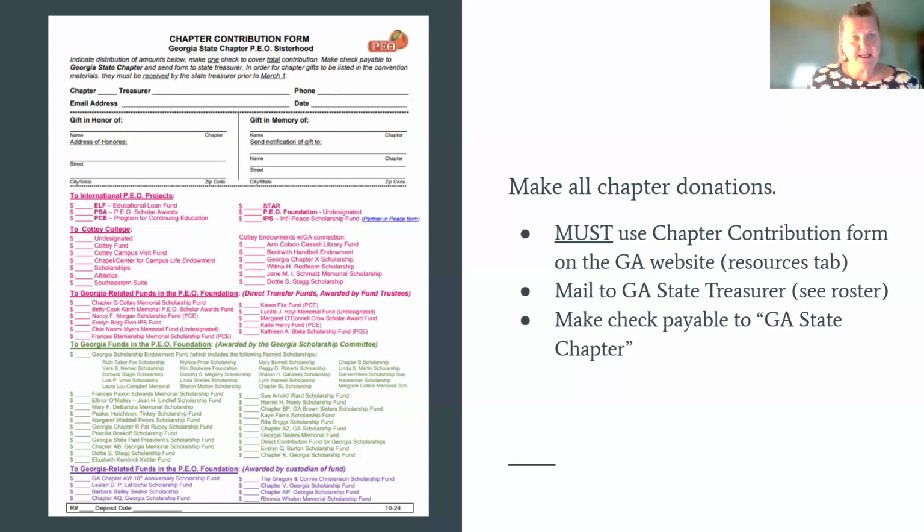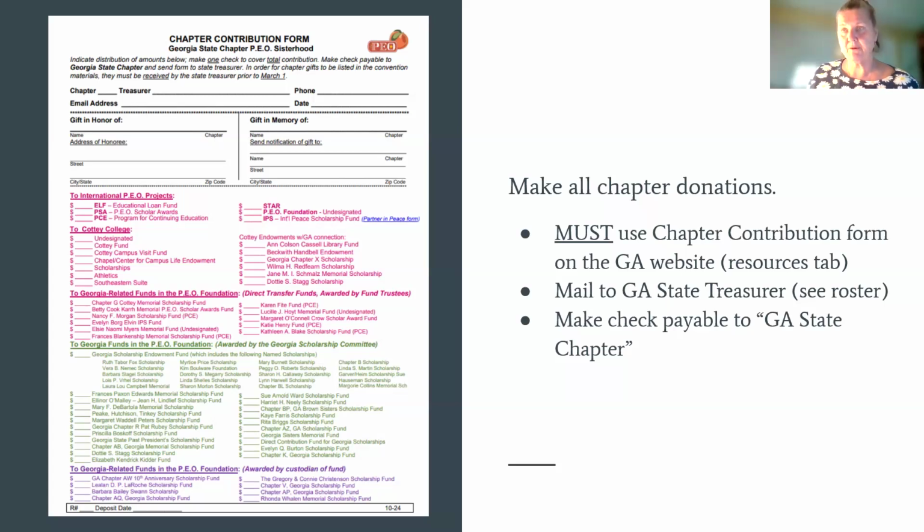Questions I do get is down here. If I wanted to give to the Katie Henry PCE fund, does that count for giving to PCE? No, it does not. The only way you can be a designated award chapter is it must have the $500 listed up here. Well, what does that do? This money, the Katie Henry Fund, goes to the P.E.O. Foundation.